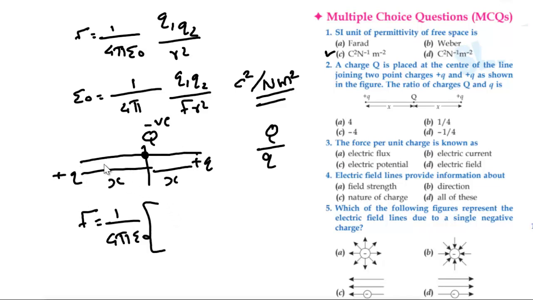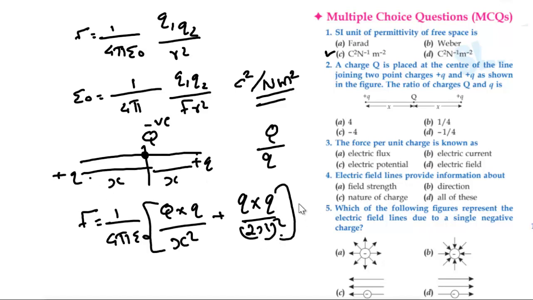So first I am considering these two charges. The total force is Q into small q divided by x square, plus the force between these two charges, capital Q into small q divided by 2x the whole square. This total force will be equal to 0. That means capital Q into small q divided by x square equals minus of small q divided by 4x square.